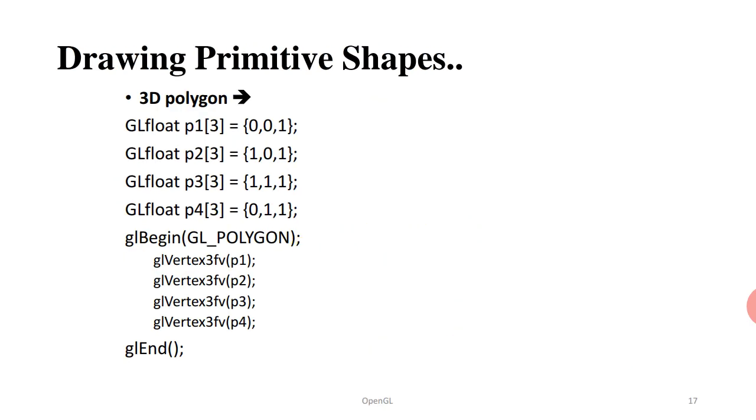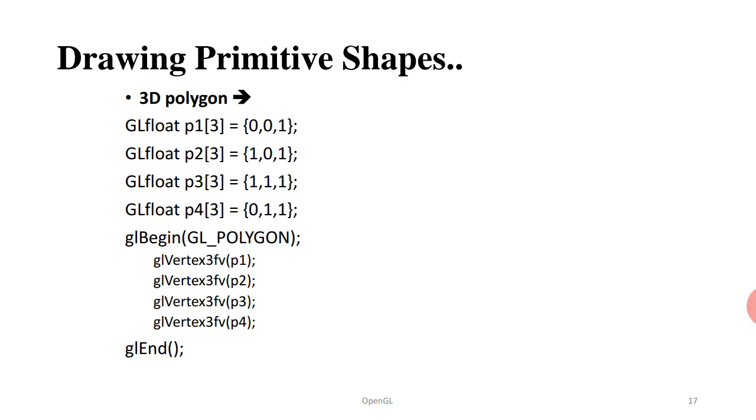Similarly, to draw a polygon, you can store the vertices of the polygon in 4 vectors like P1, P2, P3 and P4 of the data type GLfloat, and then you can call the glBegin function with the mode GL_POLYGON, and this polygon has 4 coordinates, so you will call the glVertex function 4 times with P1, P2, P3 and P4 arguments.